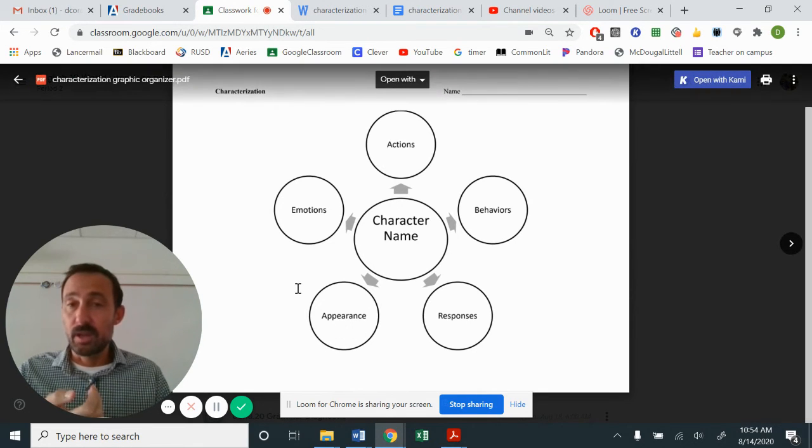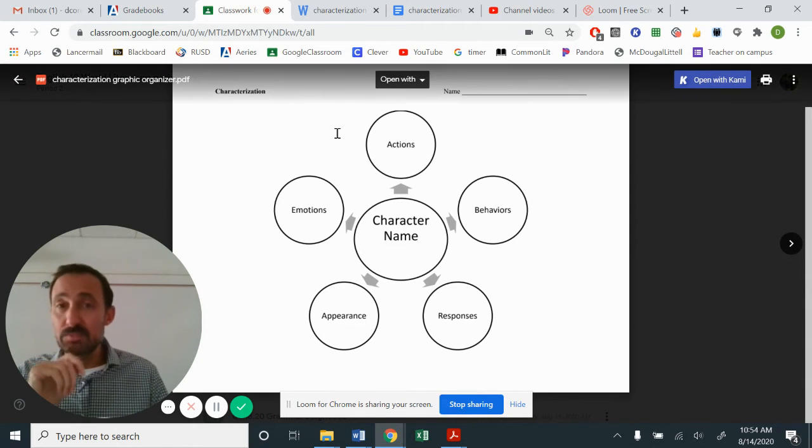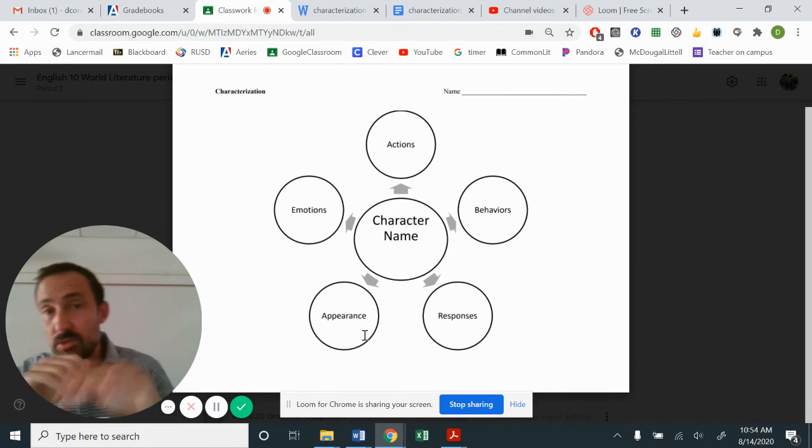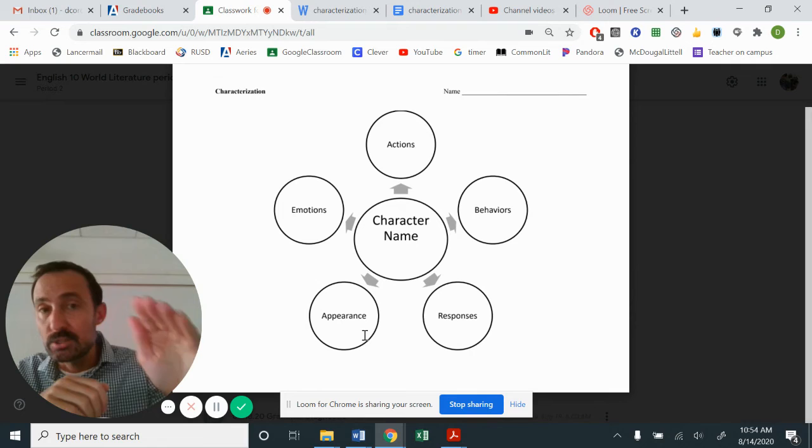The look of a character actually does play into the holistic idea of this character as a whole. The Scarecrow from The Wizard of Oz looks like the Scarecrow because that contributes to his emotional state, his actions, his behaviors, his responses.